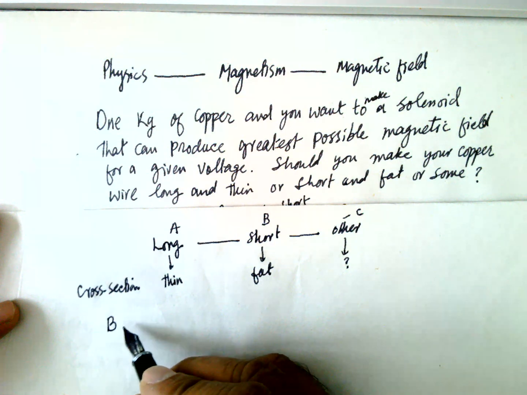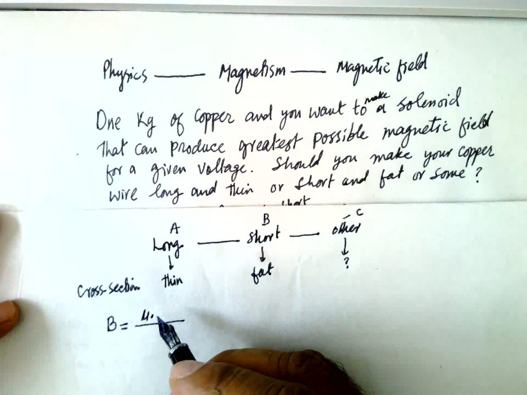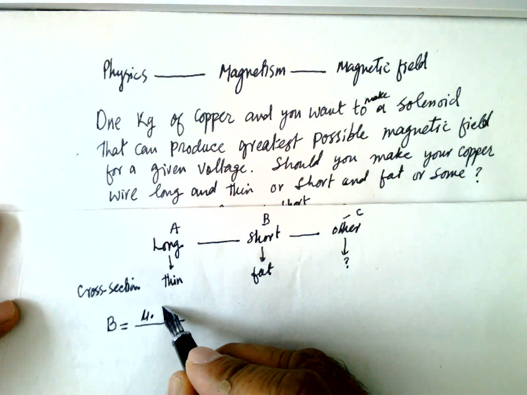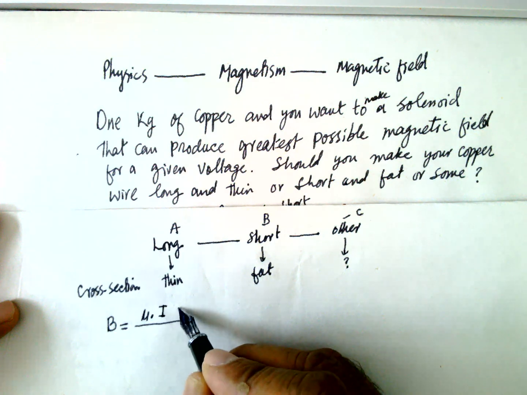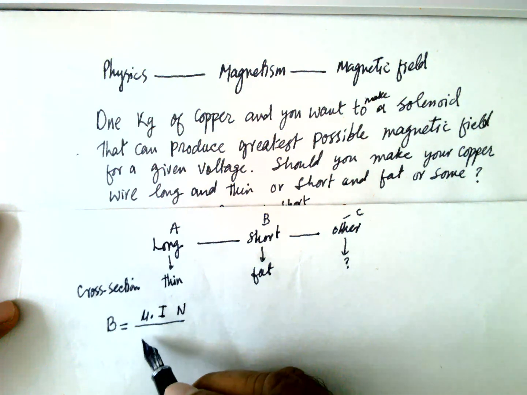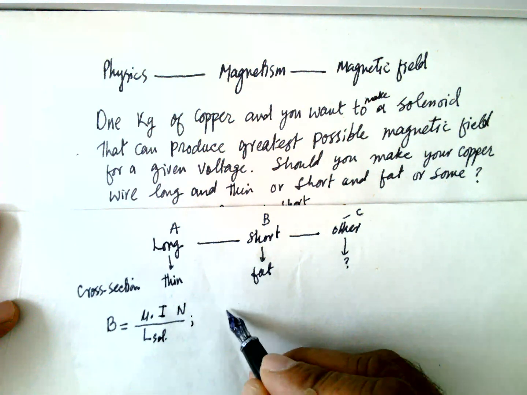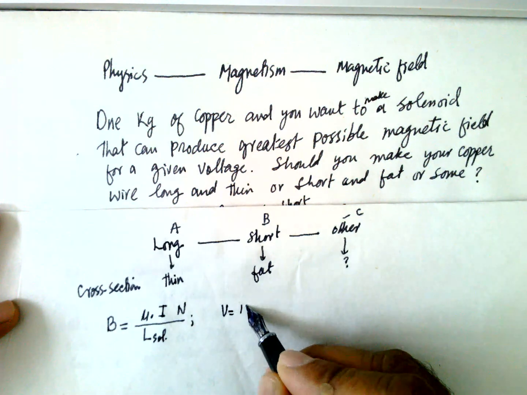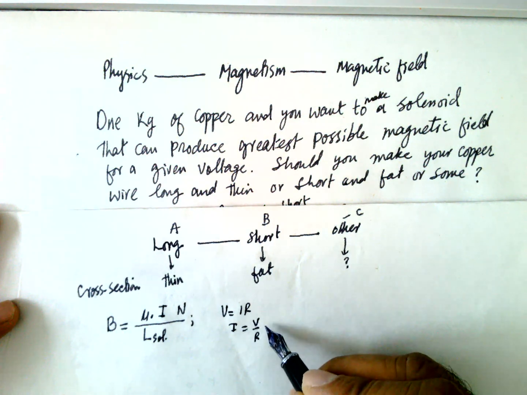The magnetic field in a solenoid is B equals mu naught, the permeability, times I, times the turns of the solenoid, over the length of the solenoid. Now V equals IR, Ohm's law, so I is equal to V over R. V is fixed.